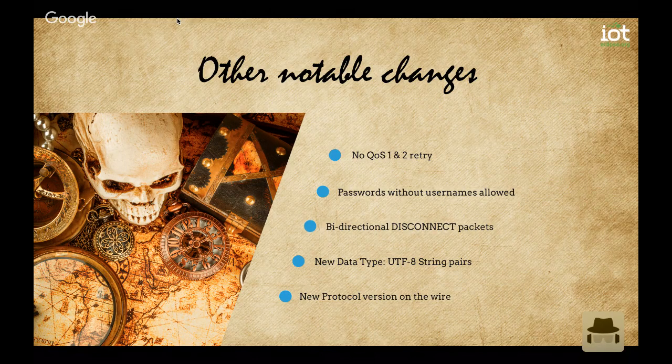What also changed, this is something small: passwords are now allowed to be sent without usernames, which may be interesting for sending tokens. Also the broker and the clients are now allowed to send disconnect packets. Traditionally, the broker has no way to disconnect the client gracefully.